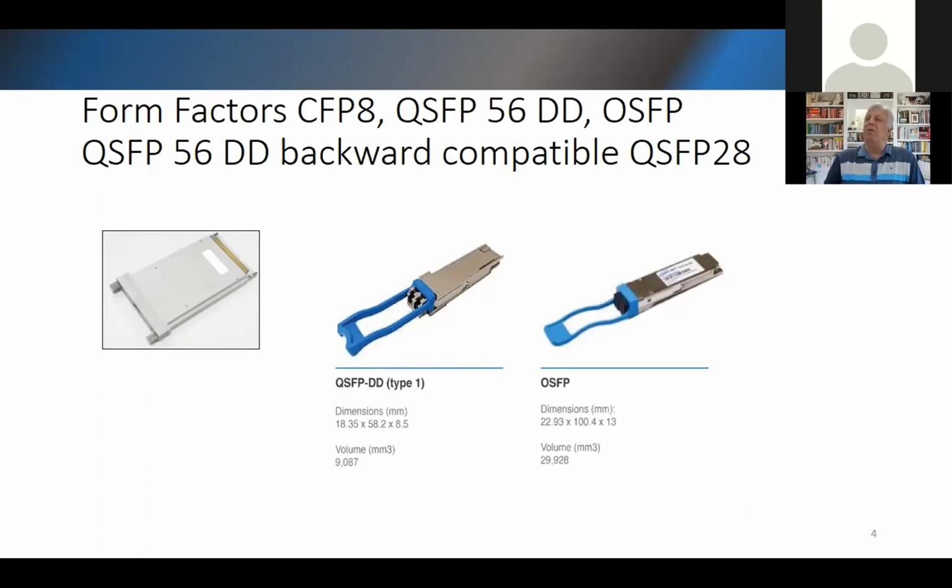So while they're out there, they really haven't risen to the top or come to the forefront to be used in breakouts. The QSFP double density really has come to the forefront. It uses lower power, and it also has a thermal management system that's compatible with the 100G servers and/or switches.